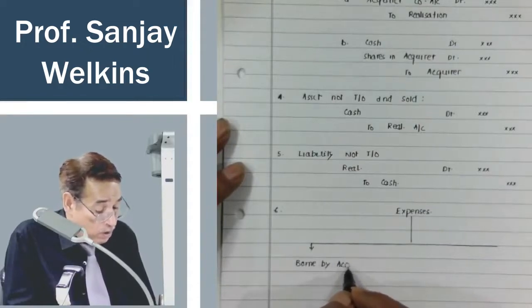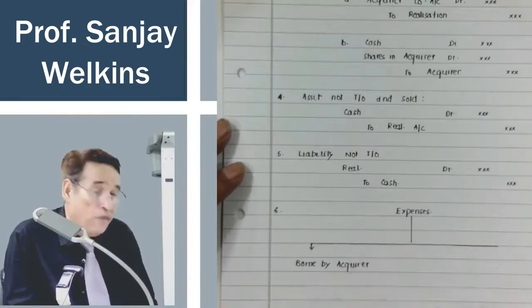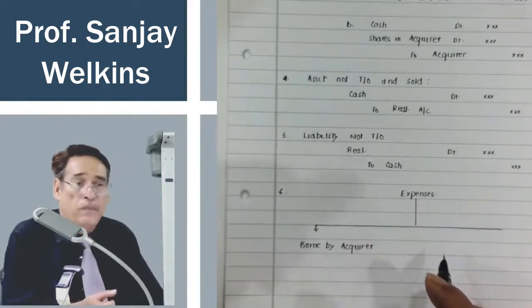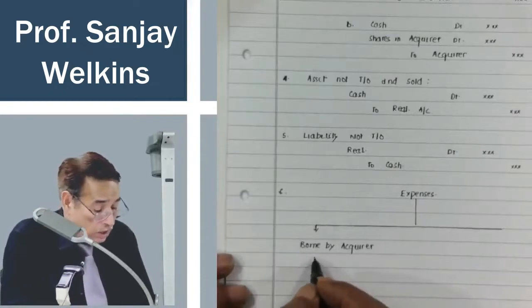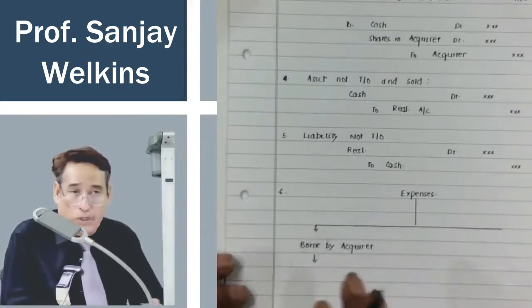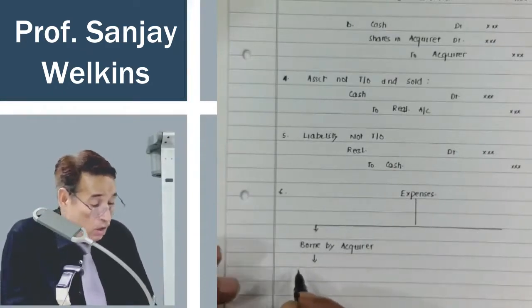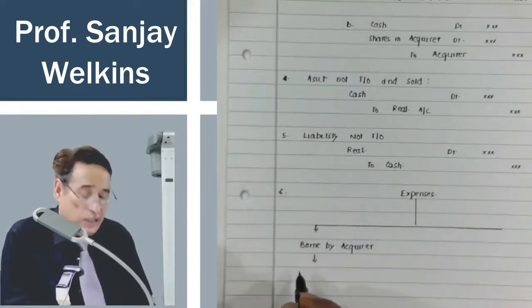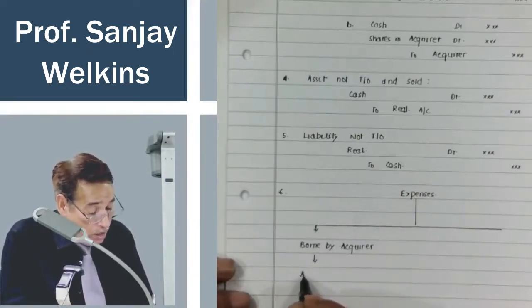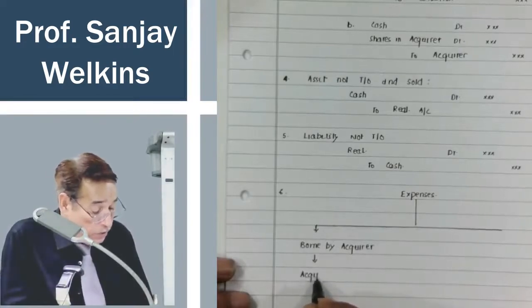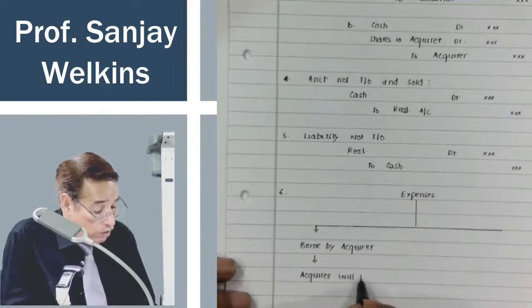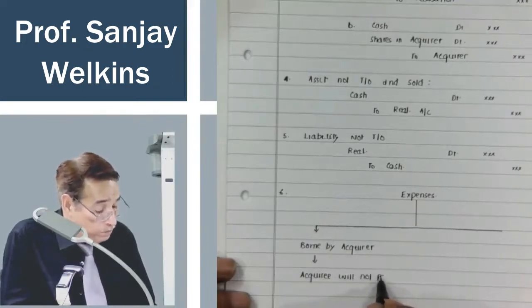If acquirer company has borne these expenses, then quite obviously acquiree is not going to pass any entry, correct? Only acquirer will pass the entry in its book. Acquiree will not pass any entry.